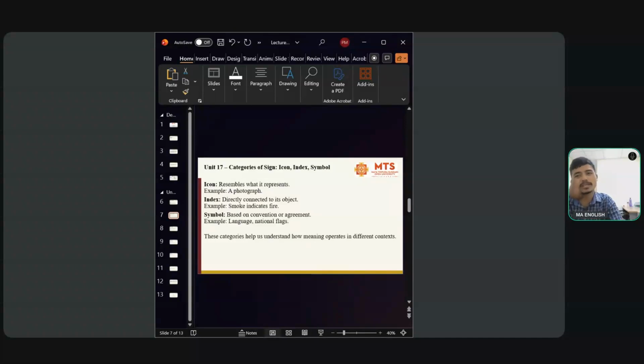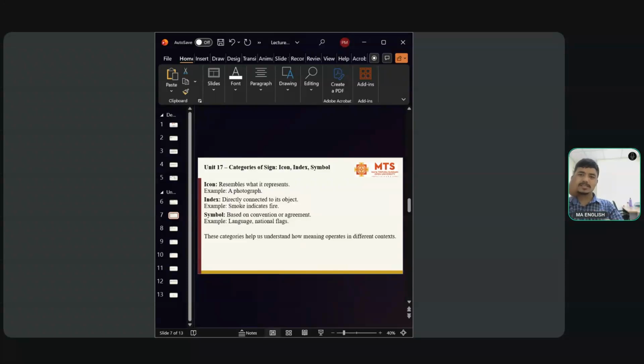These categories were further developed by an American philosopher, Charles Sanders Peirce, building on Saussure's foundation, and they are extremely useful tools for literary and cultural analysis. As you can see, the first category is the icon.